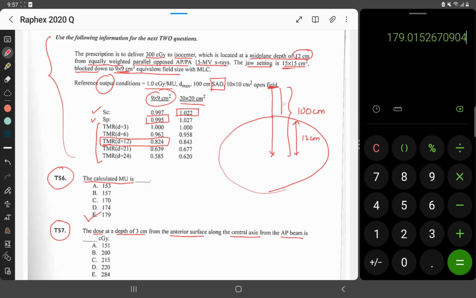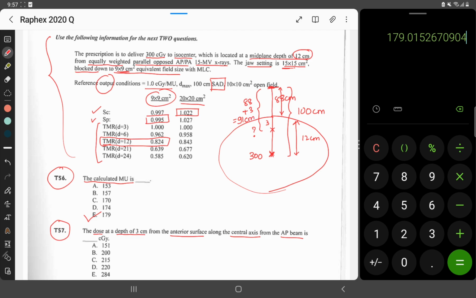So the outside will be 88 centimeters. We know the dose at 12 centimeters is 300 centigrade. The dose at a depth of 3 centimeters is what we are asked to calculate. So this whole distance is 88 plus 3, that is 91 centimeters.